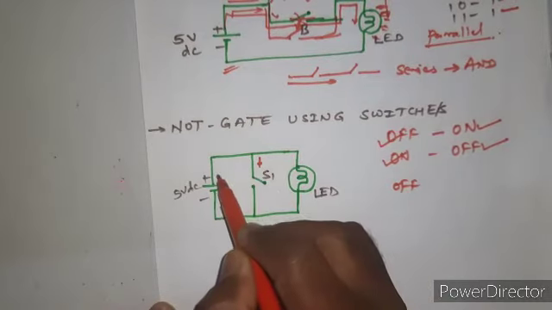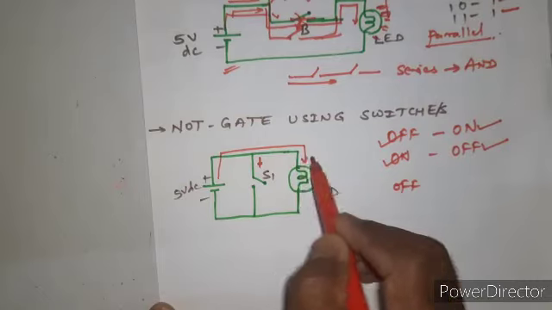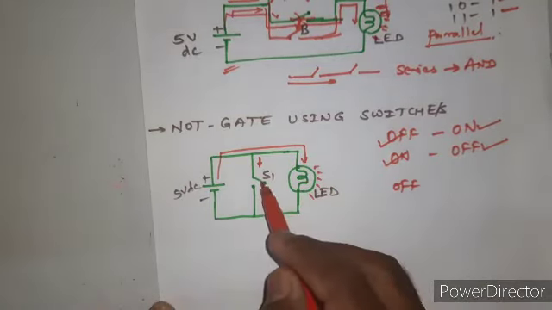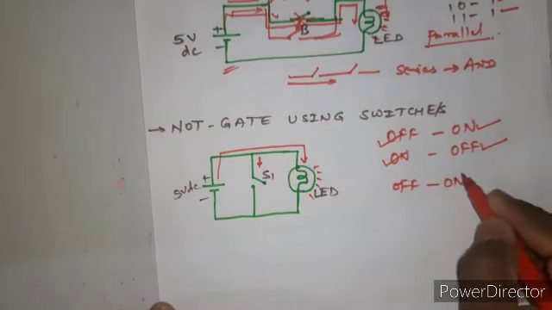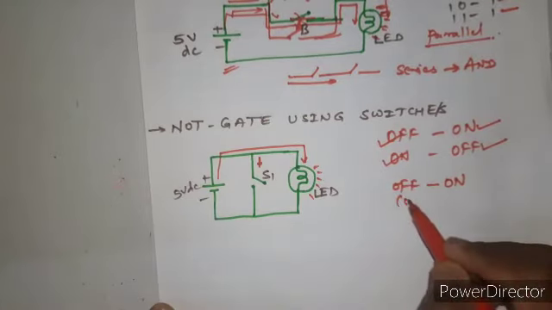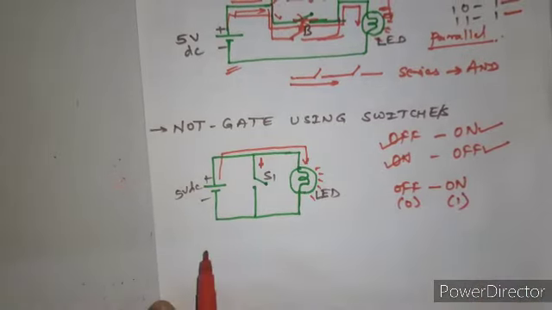So current will flow in this direction and our LED will glow. So switch is off, LED is on. So this is the case where input is 0, output is 1.